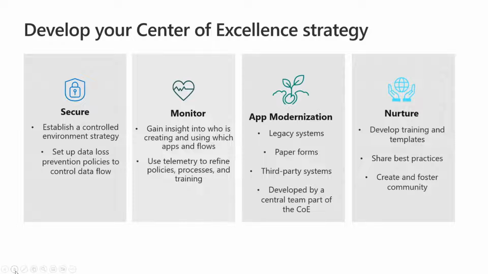Obviously, monitoring ongoing adoption, so looking at how my makers are using the platform, what apps and flows are being used for, and using that to refine the processes. Typically, app modernization is a part of a center of excellence strategy, so looking at legacy systems and paper forms that you have today, and modernizing them with the Power Platform.